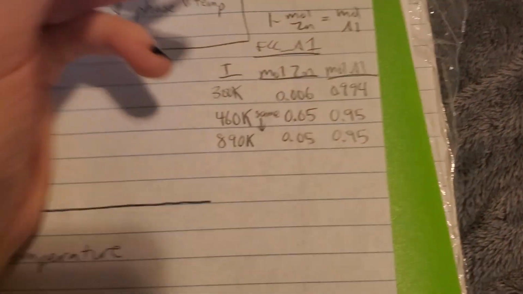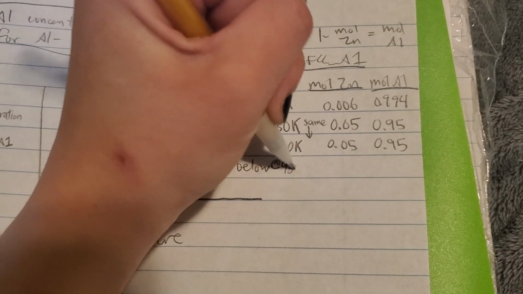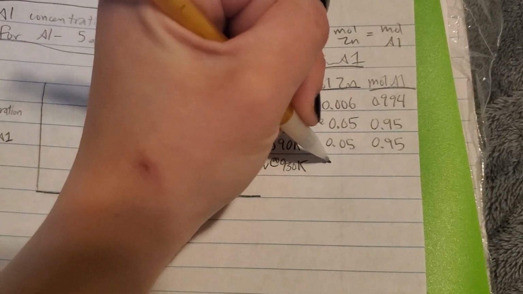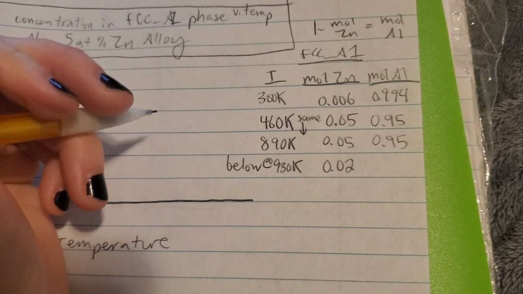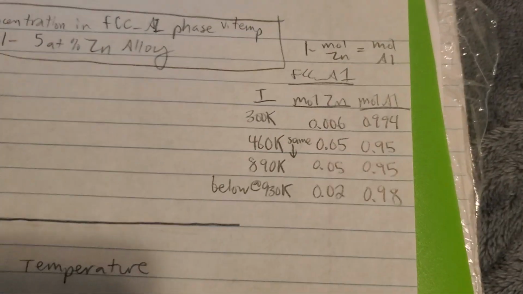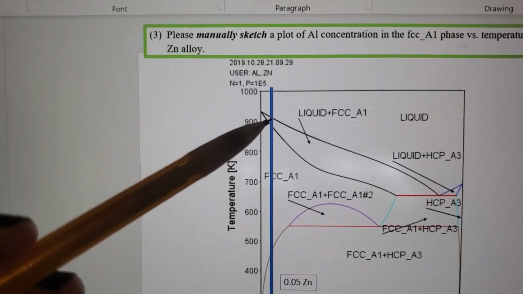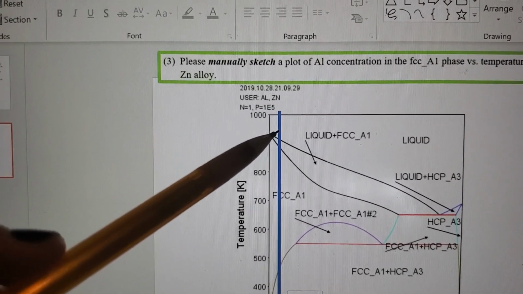So when we write that down, below the 930 mark, we have 0.02 moles of zinc, which sums up to 0.98 moles of aluminum.